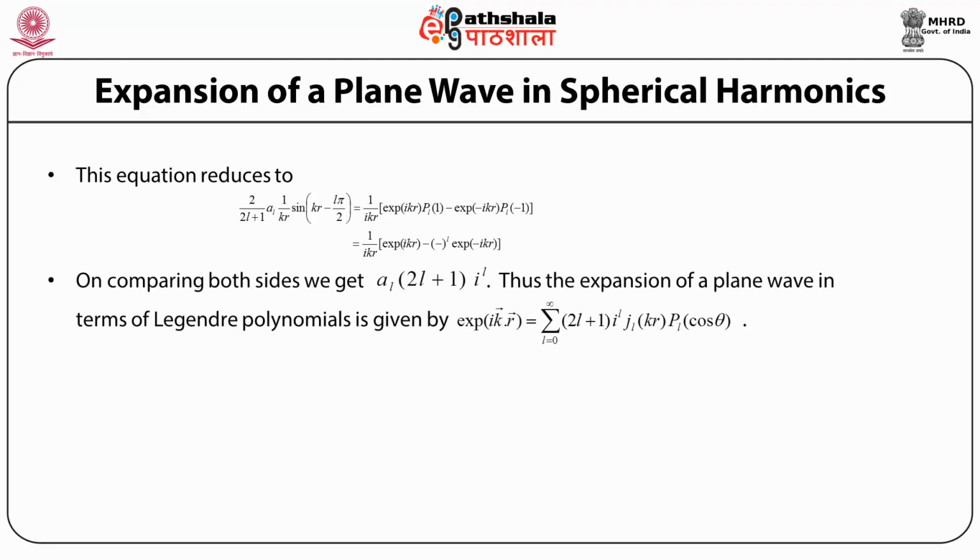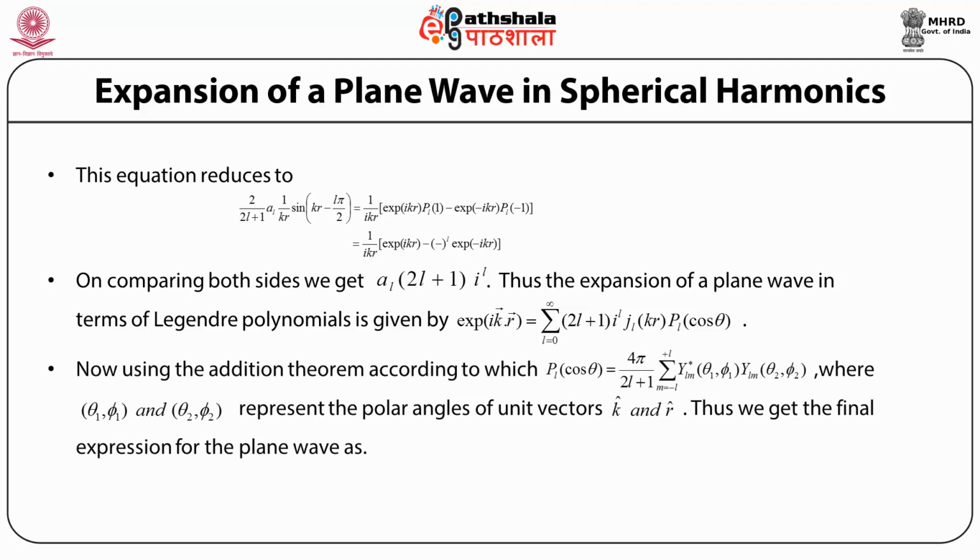On comparing both sides, we get A_L equals (2L+1) i^L. Thus, the expansion of a plane wave in terms of Legendre polynomials is given by exp(i k·r) equals the sum over L equals 0 to infinity of (2L+1) i^L j_L(kr) P_L(cos theta).